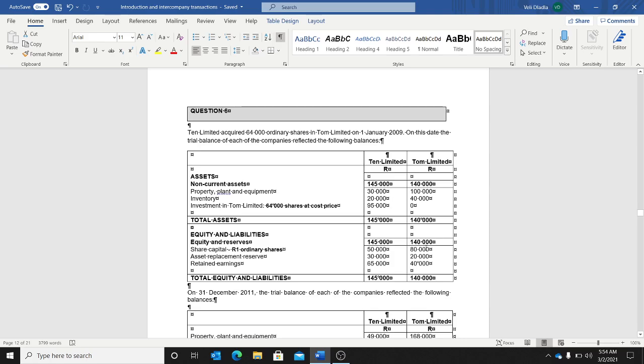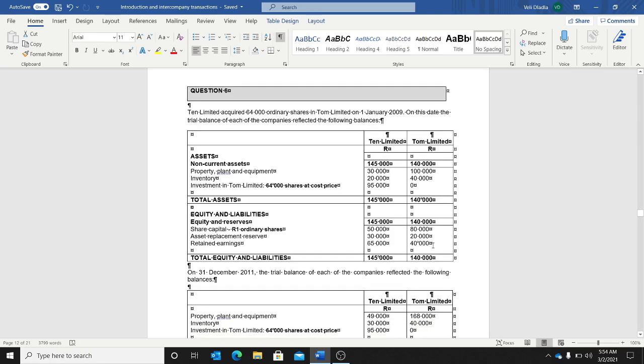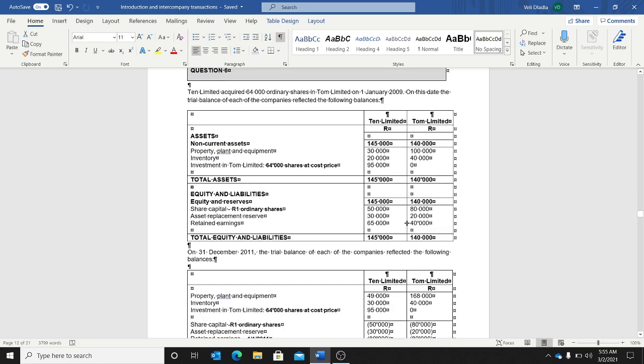Now, we then move to this one here. Now, in this one, what happens is it shows what will then happen after acquiring the company. You acquire the company here.